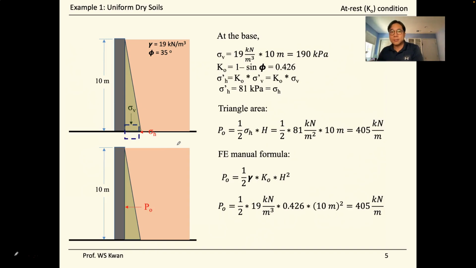It is the same thing, but you can directly use this formula only if you have a simple soil profile like this. In the next examples, we will see 2-layer soils, and in a later clip I will mention more examples where there is an effect of water, and that is a totally different story, with very different results.